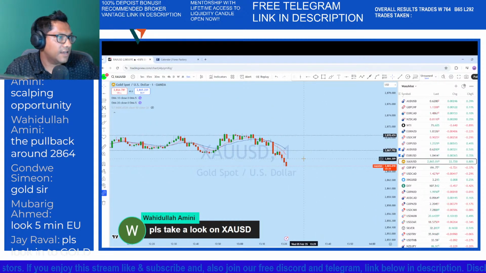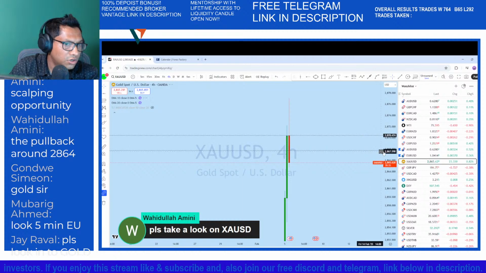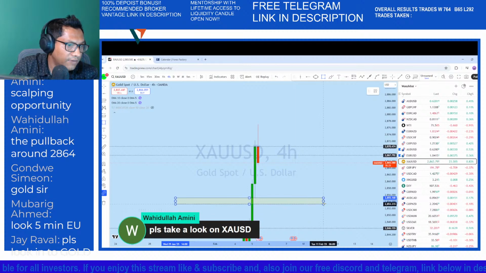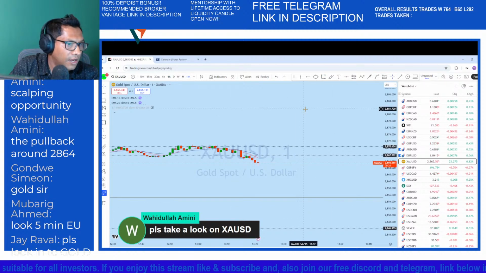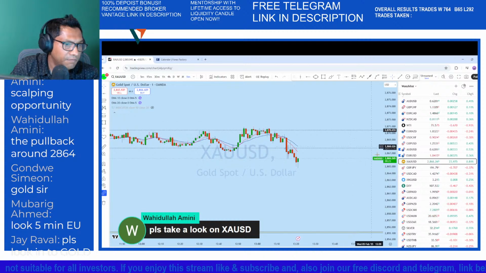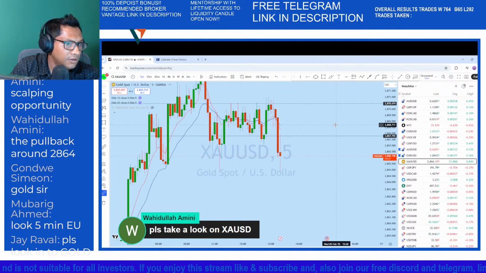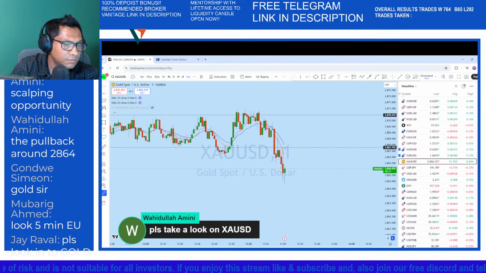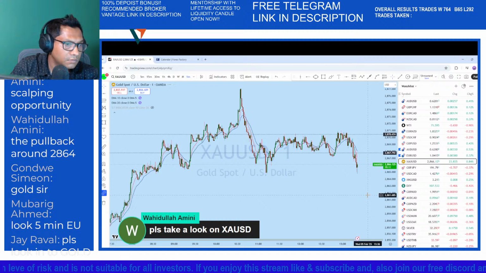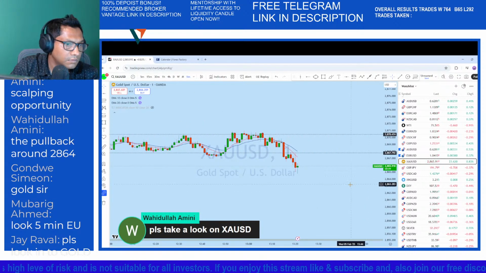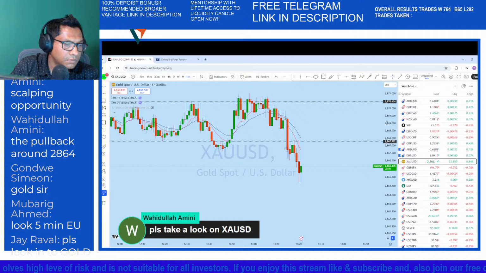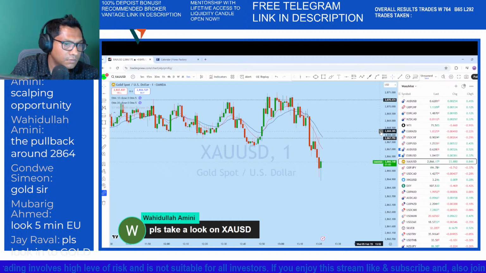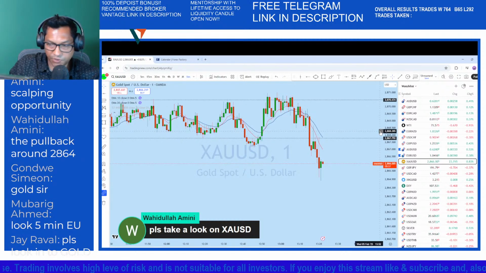Okay, so looks like we might see some short-term downtrend on gold, potentially to this level. And in that perspective, here is 5 minutes, 1 minute chart. One minute bearish price action.